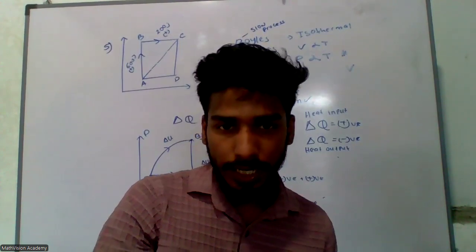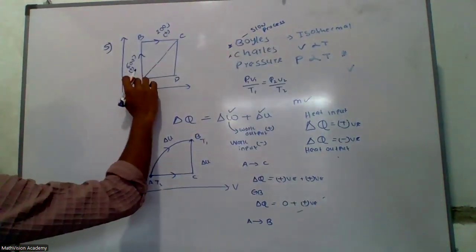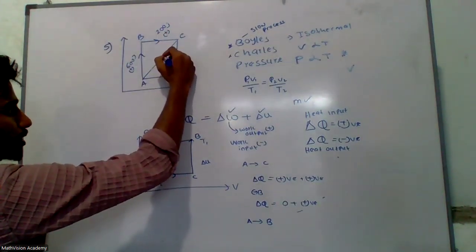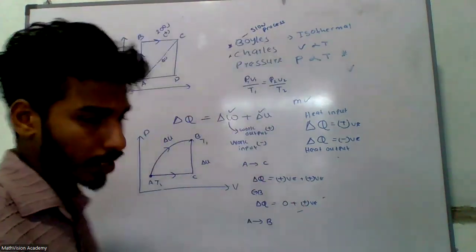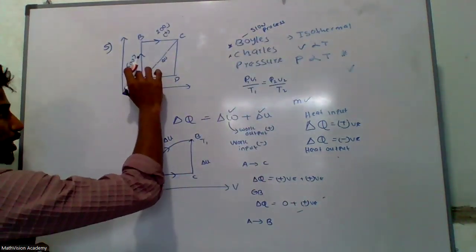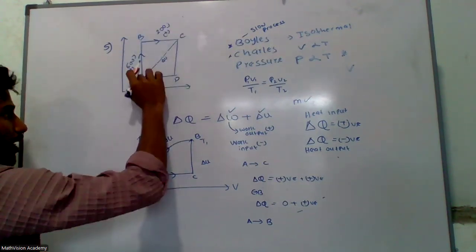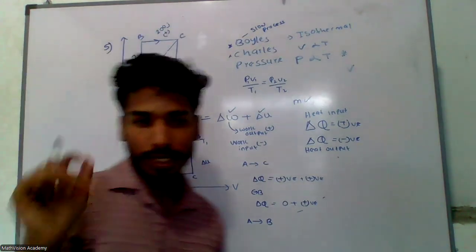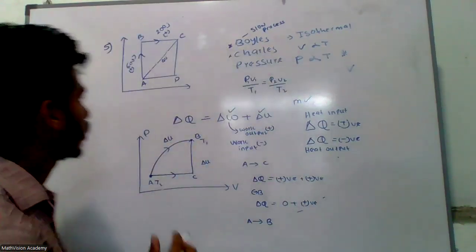What is the internal energy change in process AC? They are asking the internal energy change in AC. So you should understand the same idea. Even if I move from A, B, C or directly from A to C, the ending point is the same. There are different pathways.